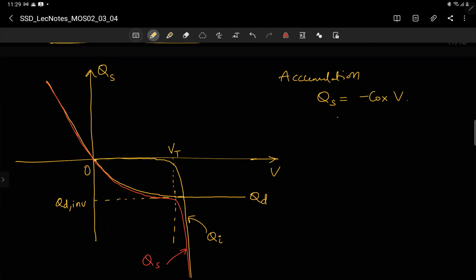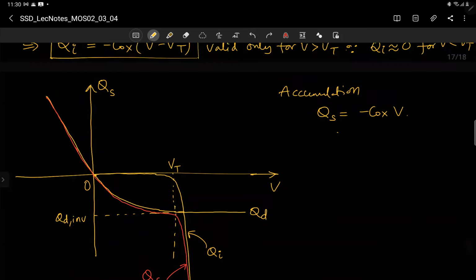this Qd is increasing like this, and then it saturates beyond VT, and the saturation value is Qd inversion. So this is the Qd expression, the depletion charge. It saturates at Qd inversion beyond VT. And if you see inversion charge beyond VT, it increases rapidly.